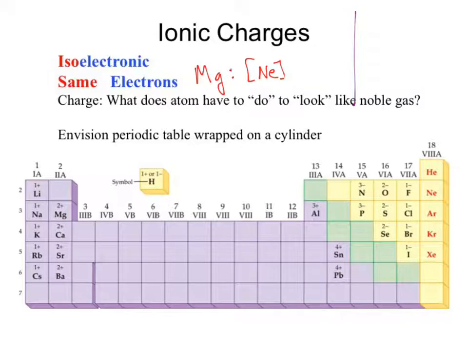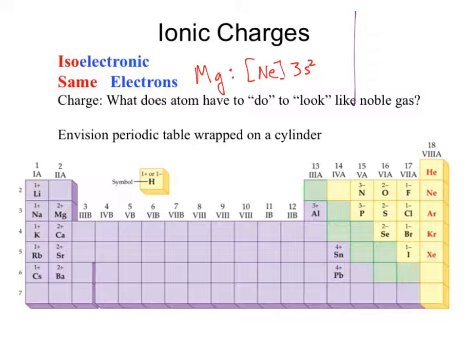So it'll look like neon, the noble gas above it, plus a 3s2. Okay, if we had to predict its charge, what might be its most likely charge? +2. Why? It's still gonna wanna get rid of the 2 electrons.